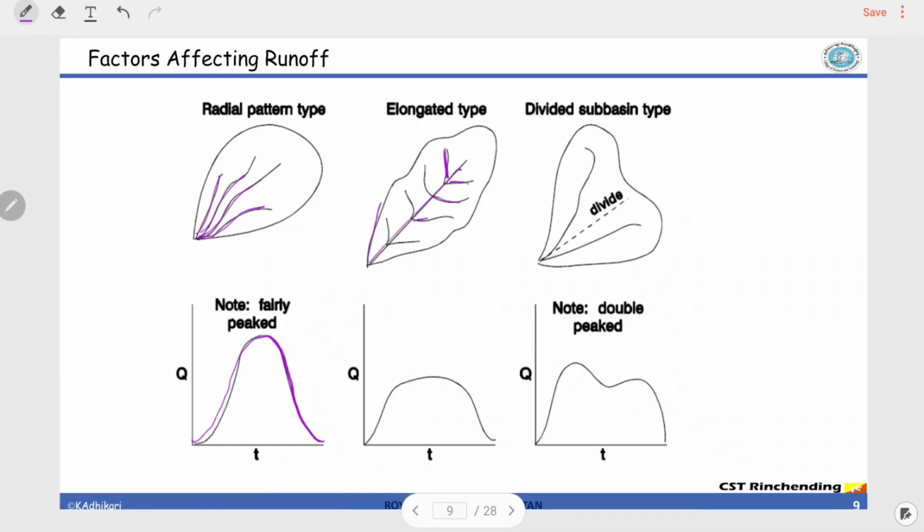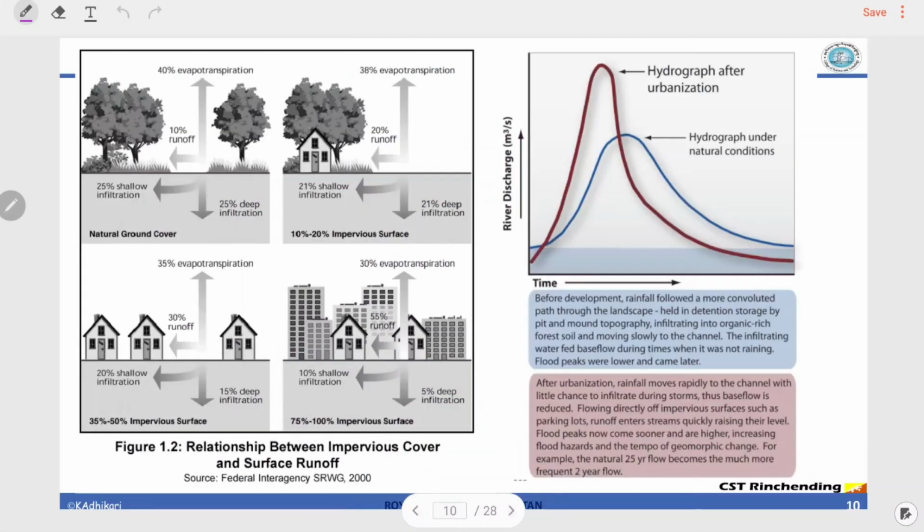The catchment is very elongated, so the runoff hydrograph from this catchment is somewhat like this. It will have quite a large peak compared to this radial pattern. Likewise, if our catchment is divided, we can expect two major peaks at the outlet. So this is how catchment characteristics affect the runoff characteristics.